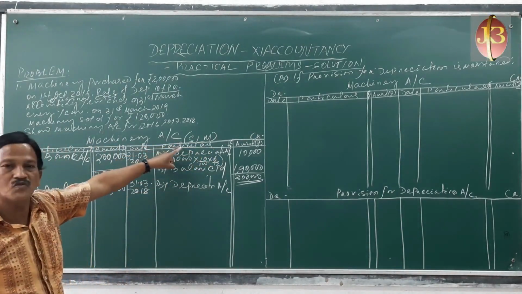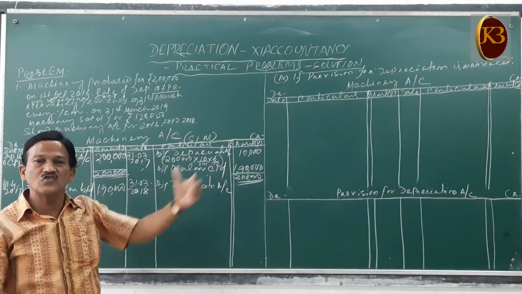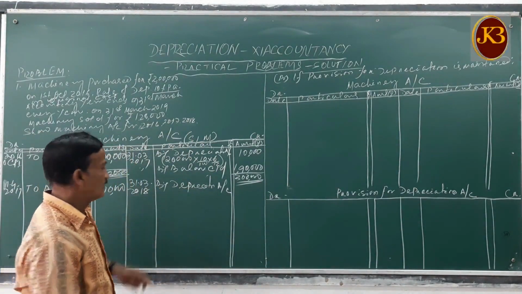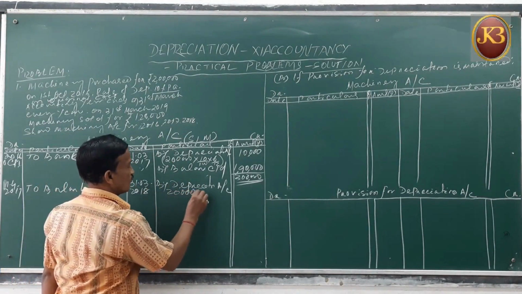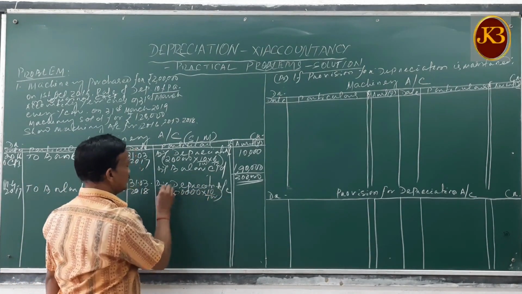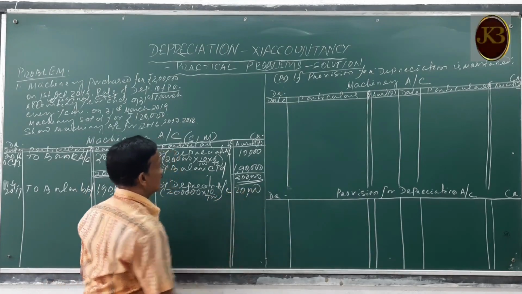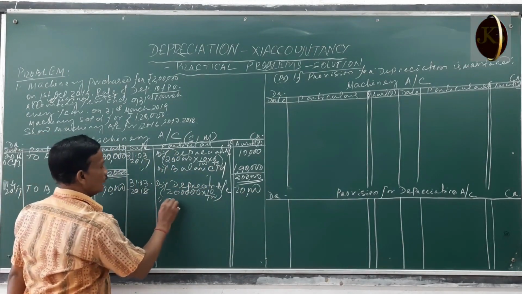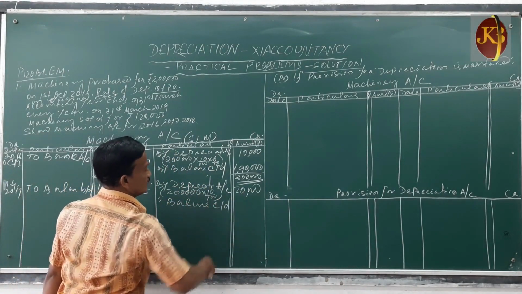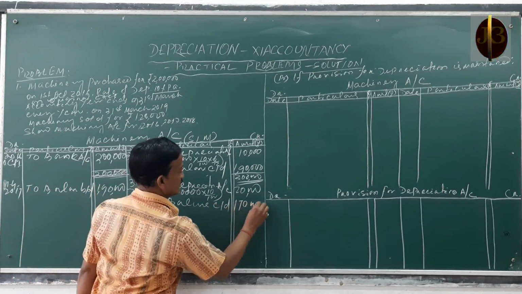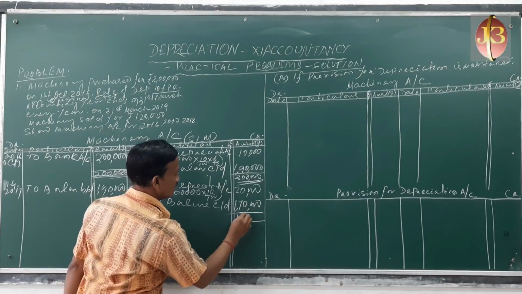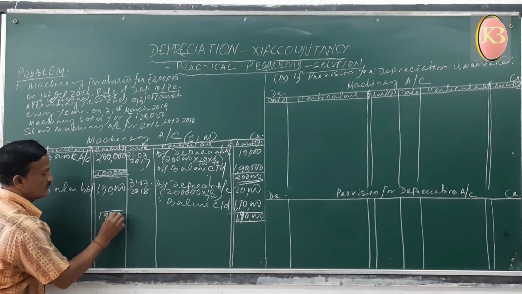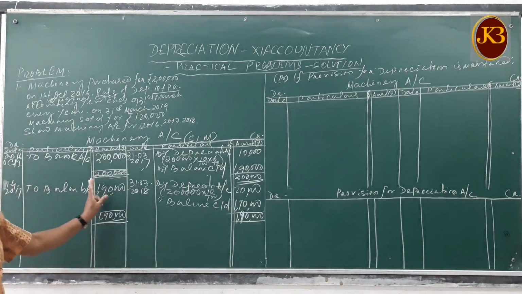When the straight line method is followed, the rate and the amount of depreciation remain the same: 10% of 2 lakh for 1 year, that is 2 lakh into 10 by 100, which is 20,000. The remaining is balance carried down: 1,70,000. With 20,000, this totals 1,90,000.